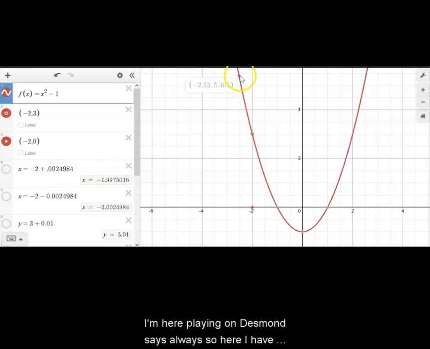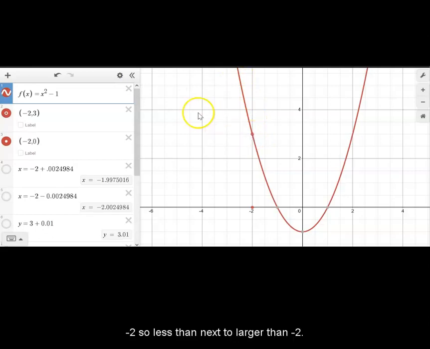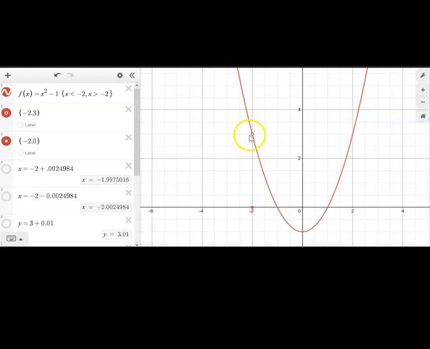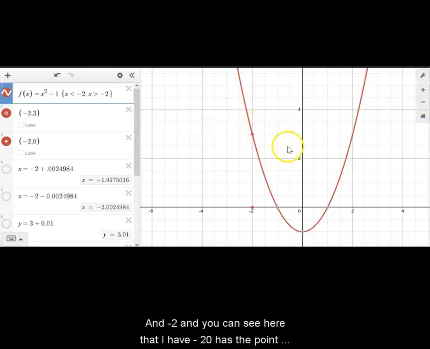So here I have my function. It's discontinuous at -2. Actually, I have to put the bounds on that. It doesn't really matter, but so x less than -2, x larger than -2. Okay, there we go. So I'm undefined at -2, and you can see here that I have -2, 0 as the point.